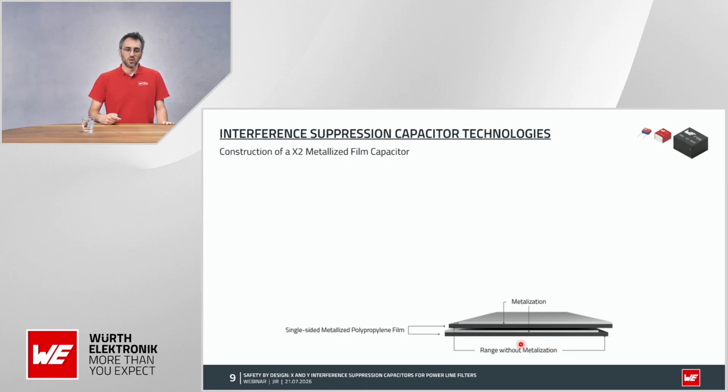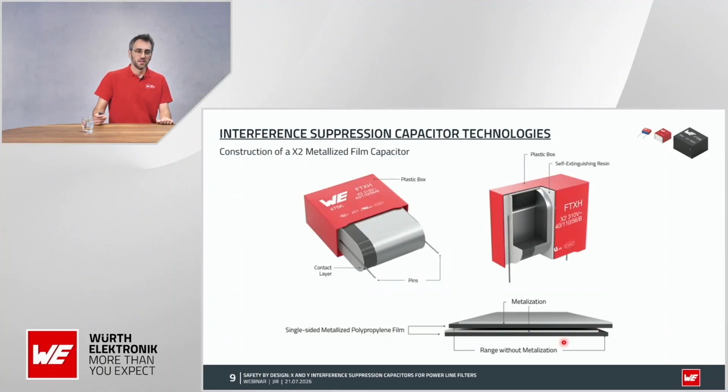We can stack these films, and we leave one exposed area without metallization here and here, and we can wind together these films, which have two separated electrodes. When we have rolled and pressed it, we can spray some conductive material on the sides.